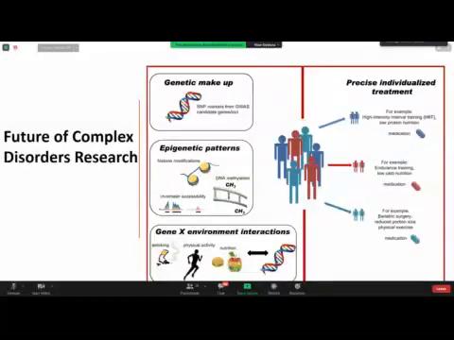Of course, for complex disorders our progress is a little bit slower compared to rare disorders or monogenic disorders. And for monogenic disorders, we are certainly getting there. When we identify the genes, we identify the biomarkers, and then we treat those pathways, and for that we are moving towards drug design.